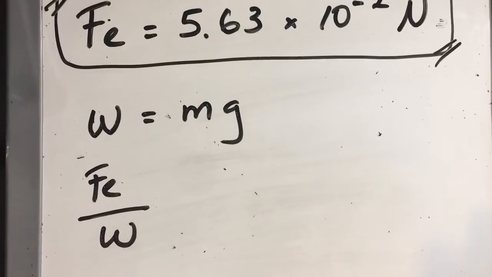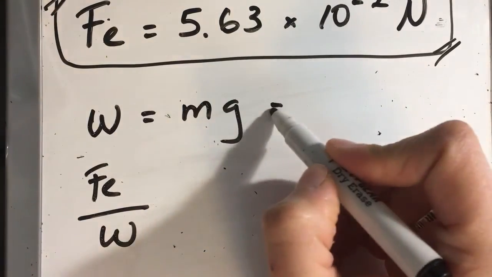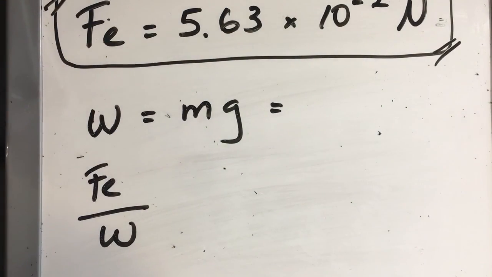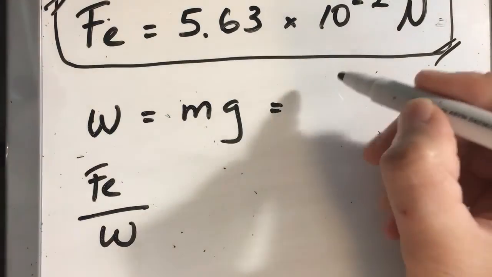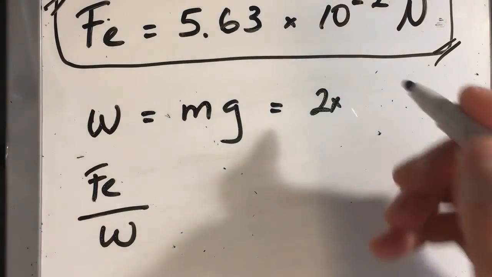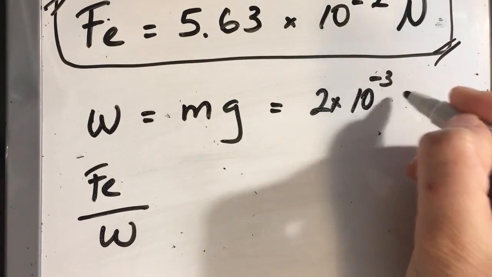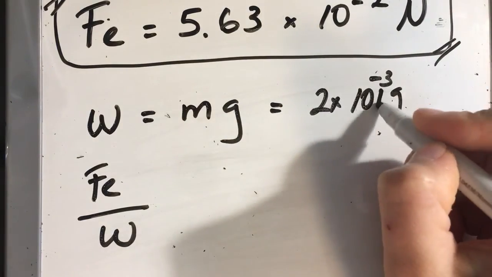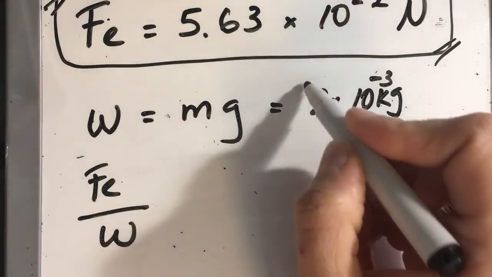Okay? So for my weight, the mass of my sphere is 2 kilograms. So it's 2 kilograms, no, 2 grams. 2 grams, which means that we have 2 times 10 to the minus 3 kilograms, right there.